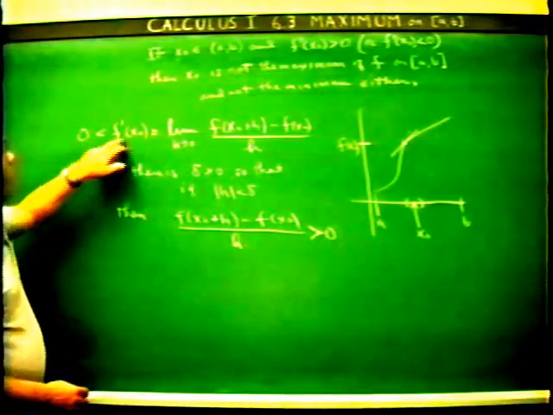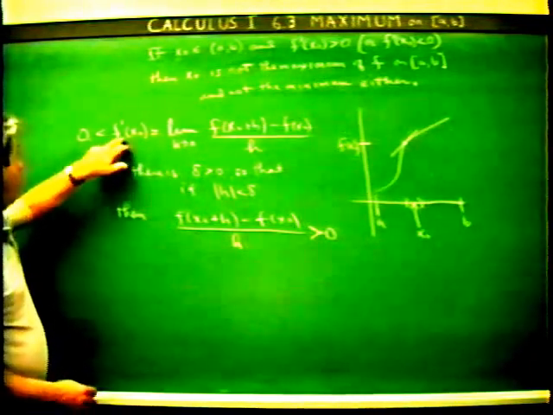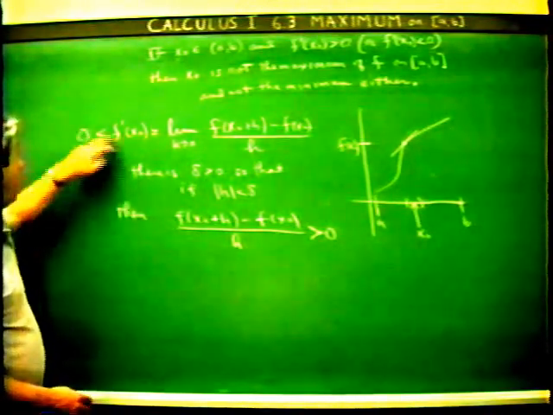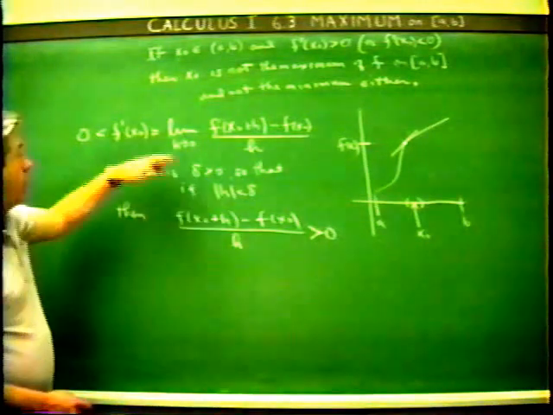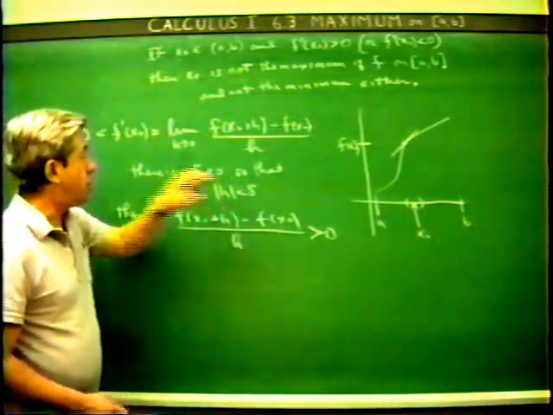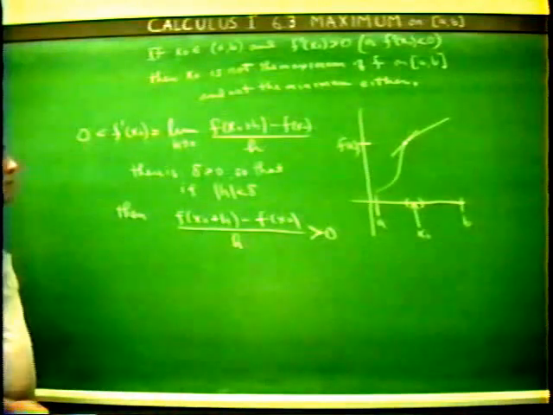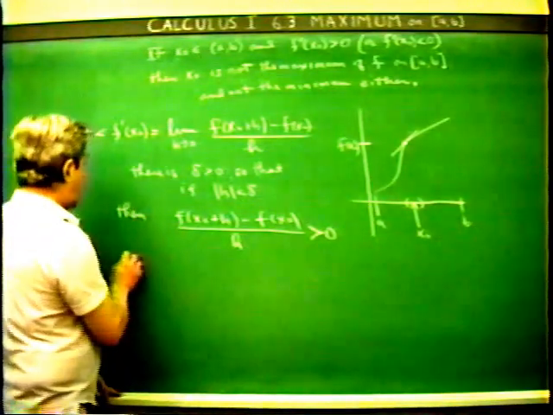If you want, let epsilon be equal to half of the difference between f prime of x naught and 0, half of f prime of x naught. And then for the delta corresponding to it, you will get that this must happen.